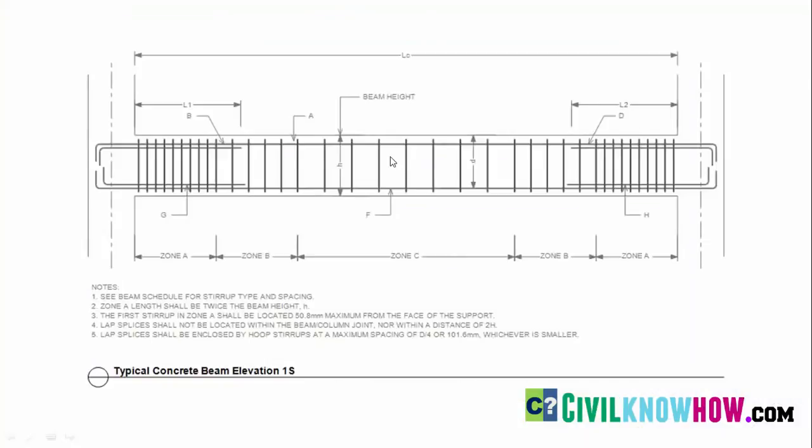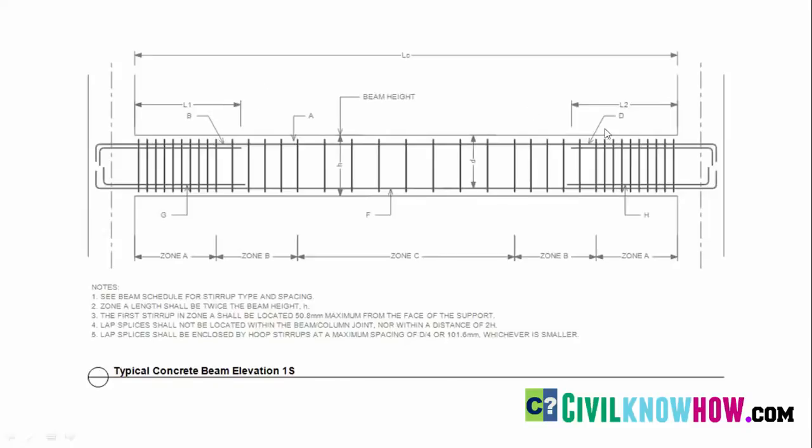In this typical concrete beam elevation, you can find the names A, B, D, F, G and H that are provided for the rebars of this beam. Here A refers to the top rebar of this beam and F refers to the bottom rebar.